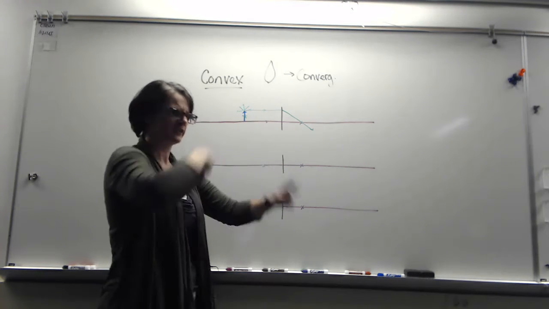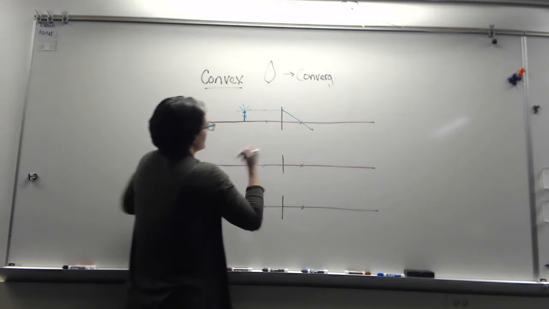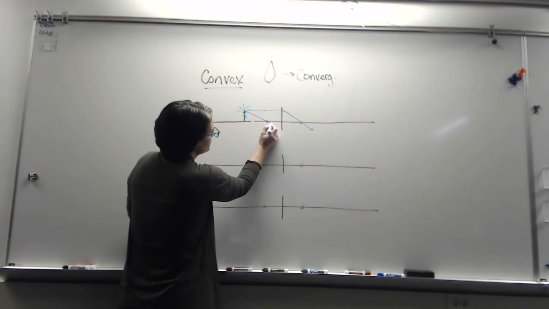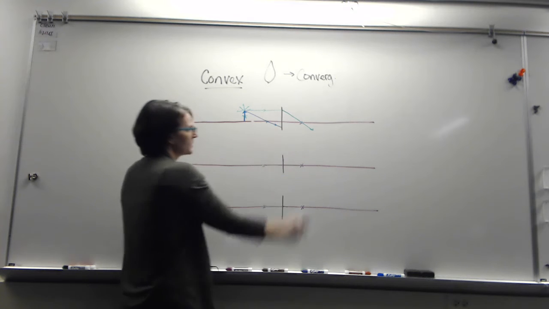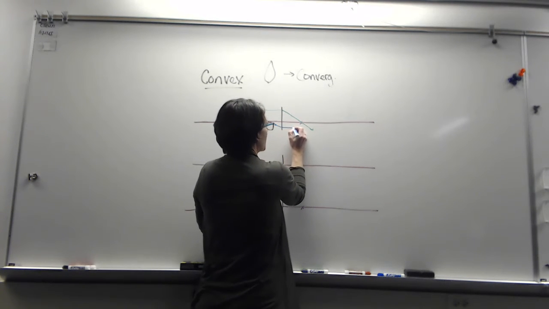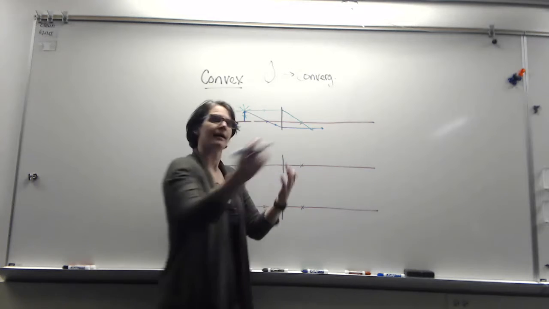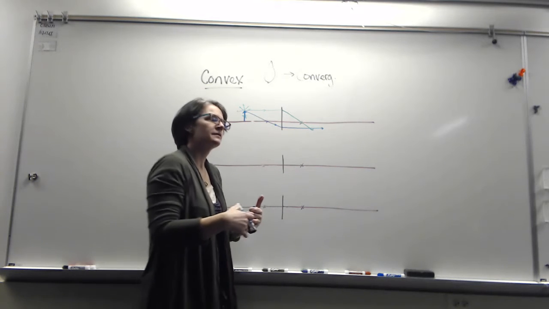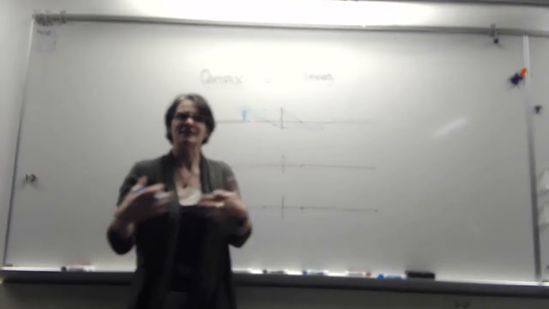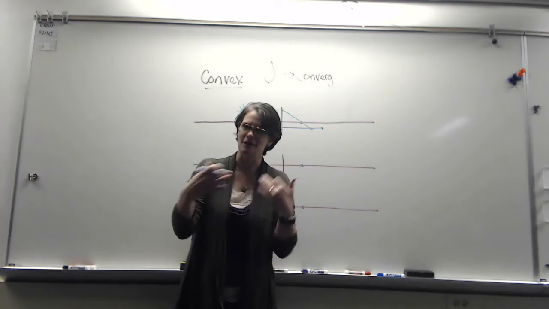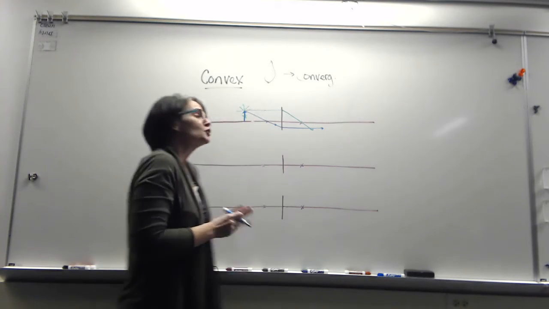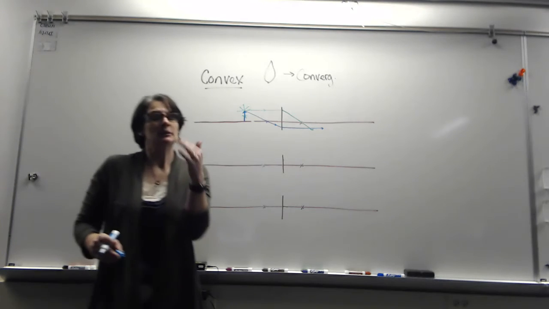So I could flip that around, and then I can say that a ray of light that goes in line with the near focal point should be refracted parallel, because the mediums are the same, and the angle of incidence and the angle of refraction then have to be proportionate to those mediums. So this is a second principal ray.